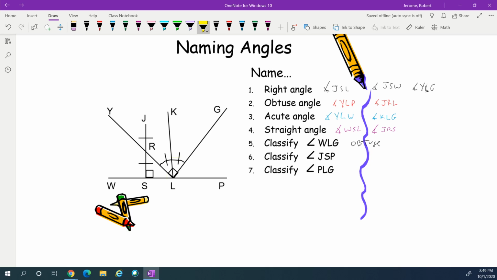Angle JSP. Well, again, look at that. Look right for the vertex. There's a little box. So what does that little box tell us? It's a right angle.